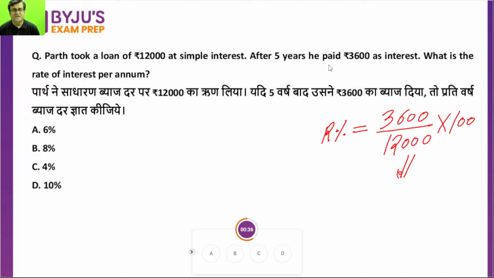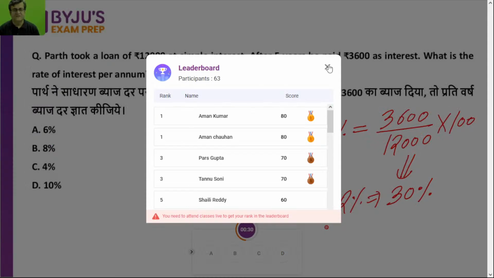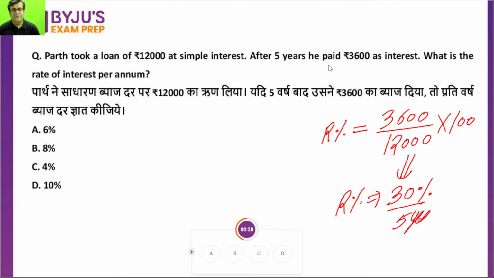Okay. So you got rate as 20%, isn't it? But this rate is for how many years? A option is absolutely right. This rate is for 5 years. So 20% for 5 years means 4% per annum, so the rate will be 4%. That's it. Finish. Clear now? Is this clear now? Okay, that's great. Let's move next.